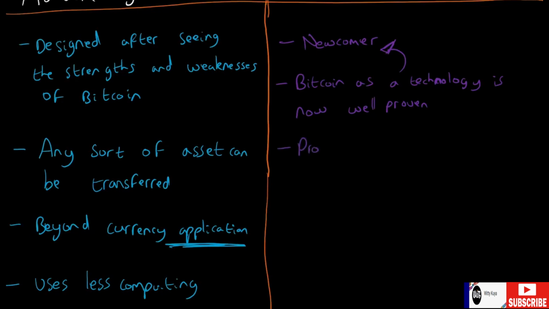The proof of work for transactions is not path dependent, which is what Bitcoin is.